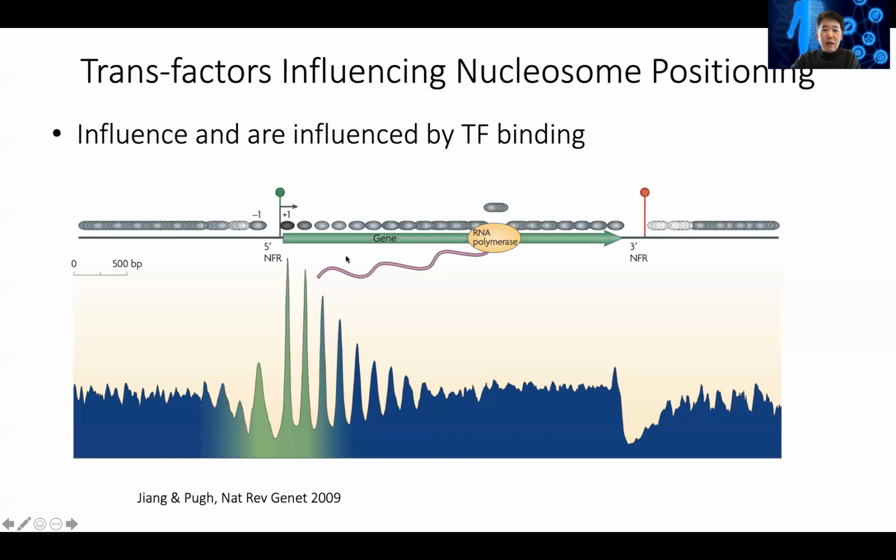And so this is actually translational nucleosome positioning, and these are the more important factors influencing nucleosome positioning. Also, this type of nucleosome positioning is better at predicting where transcription factors can bind. Okay, so that's the first part.